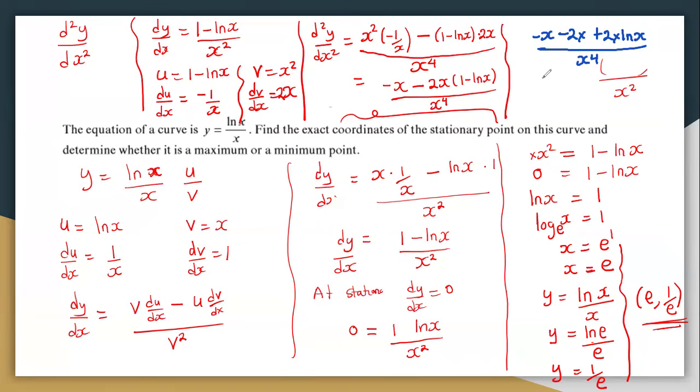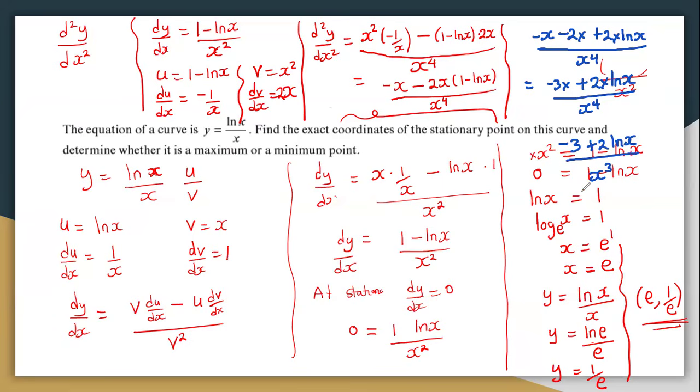And from there it can be negative 3x plus 2x ln x over x power 4. There maybe we can reduce the x and it becomes negative 3 plus 2 ln x over x cubed.